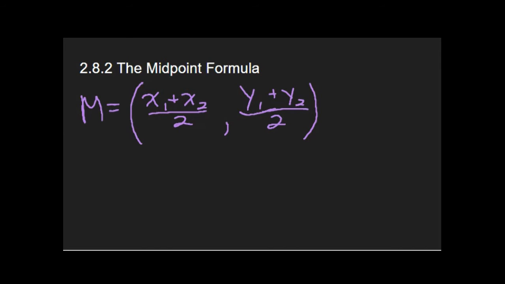Notice, as I said before, on the distance, you take the difference of the two x's and the two y's. For midpoint, you take the sum. Okay, so don't confuse those.